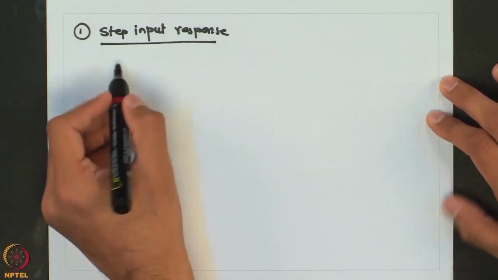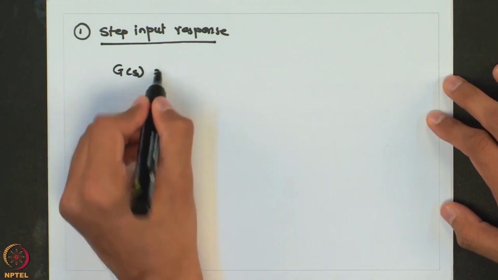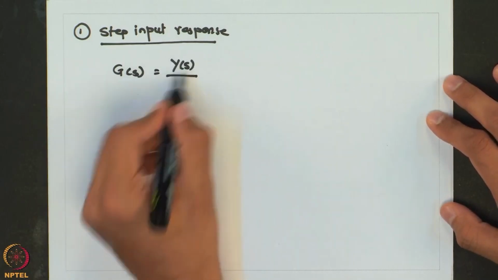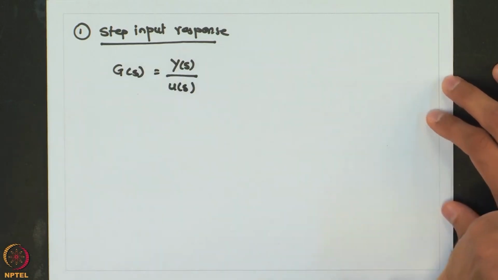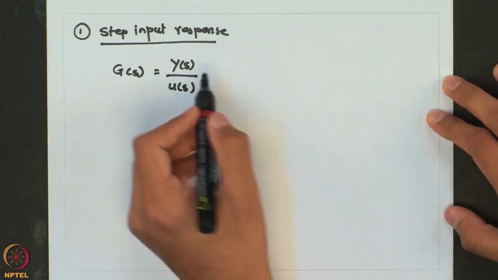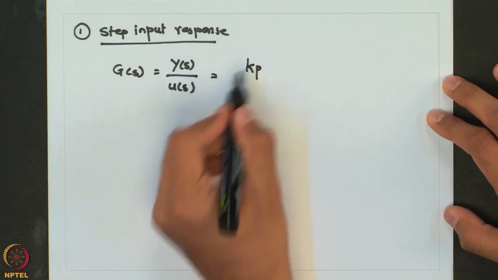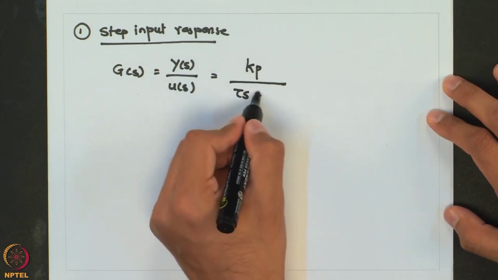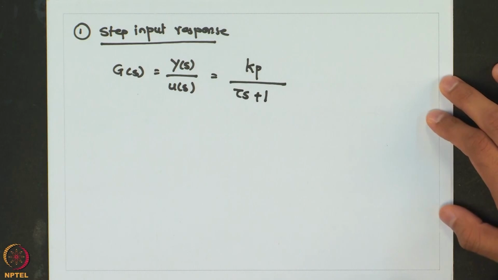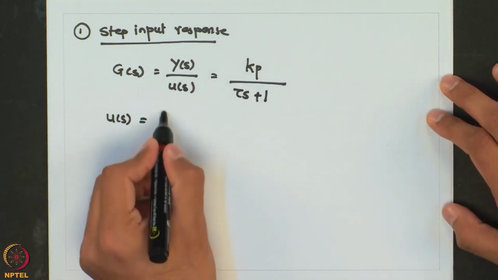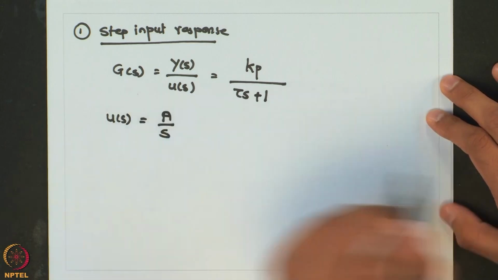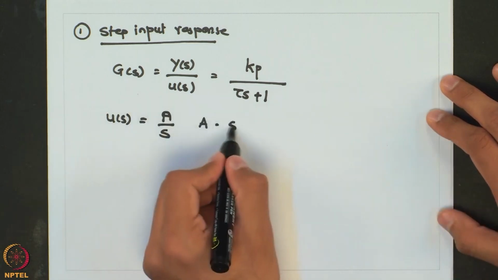So, we have a transfer function for our system which is a ratio of the Laplace transform of output to the Laplace transform of input, which for a first order lag is Kp over tau s plus 1. We will look at unit step response. So, the Laplace of that would be A over s, where A is the step size.